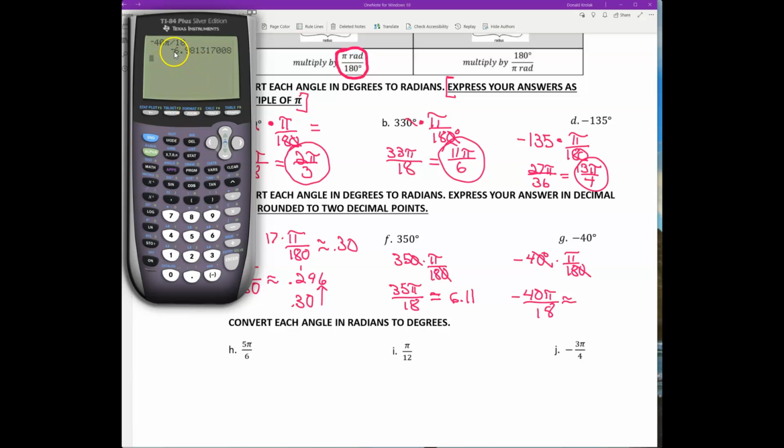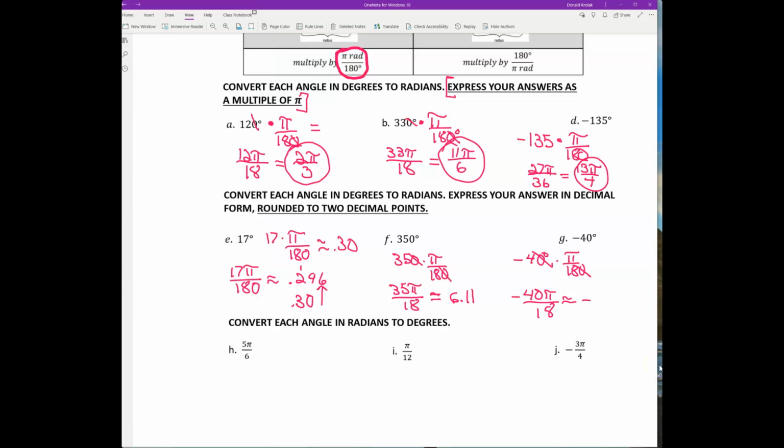So negative 6.981 to the nearest two decimals. The 1 tells me leave that 8 alone. So this is approximately negative 6.98.